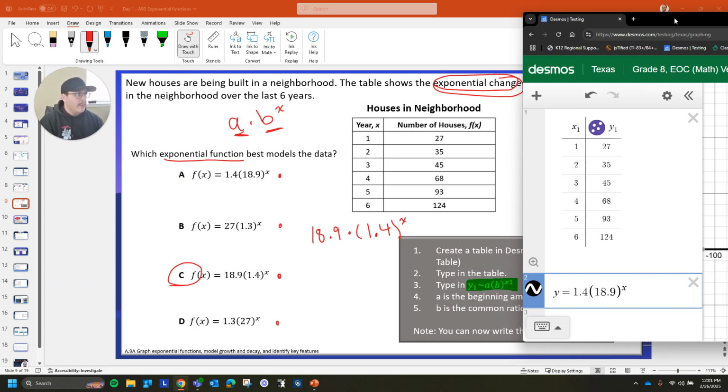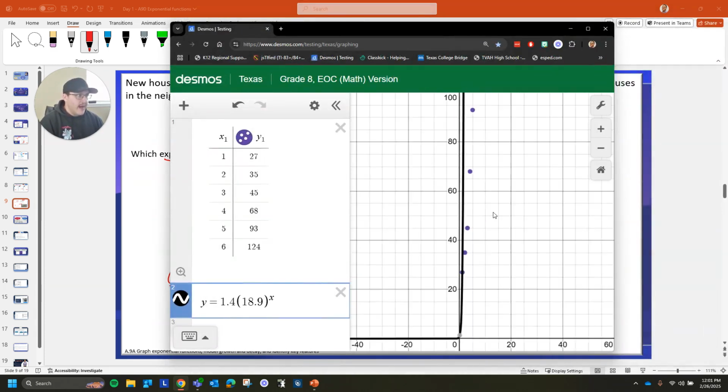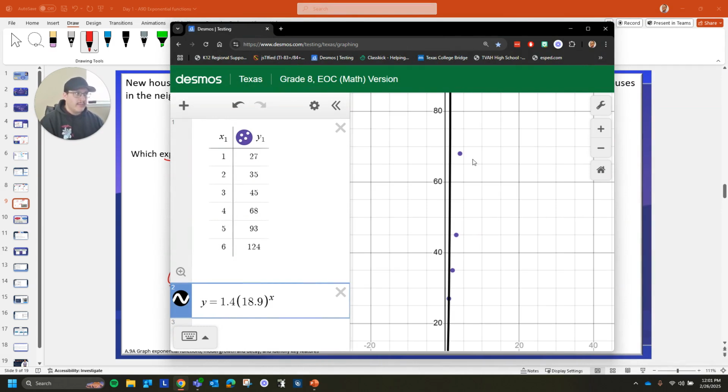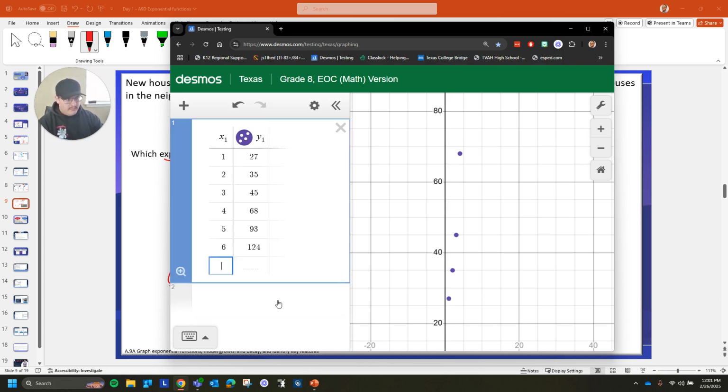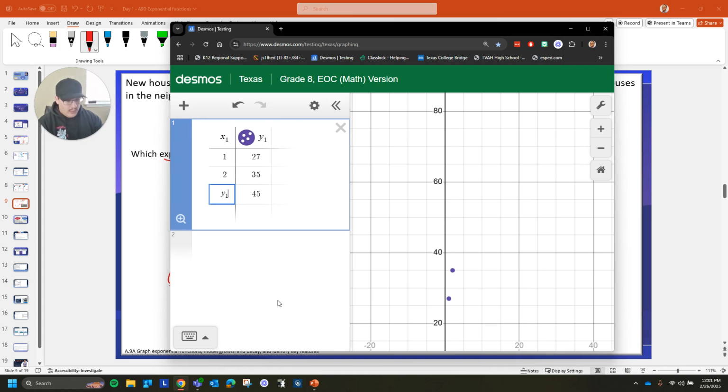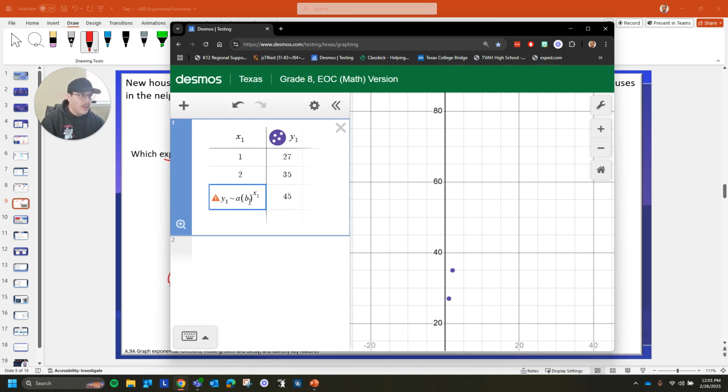This is letter A. I'm looking to see if letter A matches these dots, and they don't. They're not close to all the dots. And I would just brute force my way into seeing which one best matches. Now the issue with that is, notice how from our previous answer, y1 squiggly a parentheses b raised to the x1. Whoops.